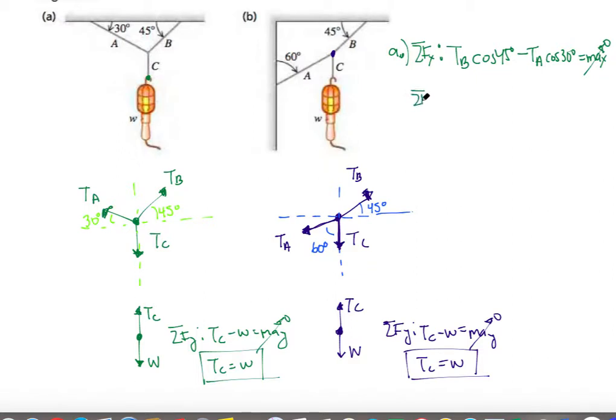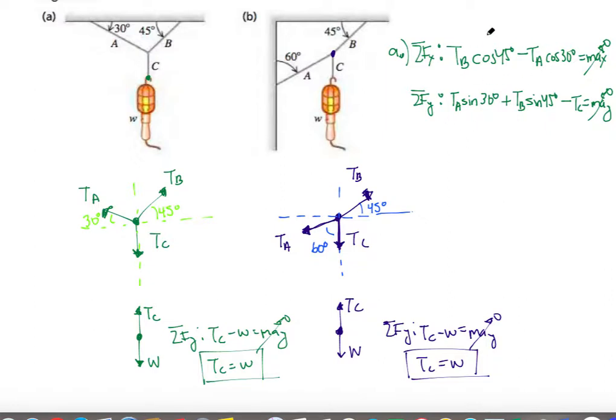In the y direction, I have tension A times the sine of 30 degrees plus tension B times the sine of 45 degrees minus tension C equals MAY, which is 0. So I have my system of equations here, and I know that tension C is equal to W. I really have no way to simplify this, unfortunately, so I actually have to do this the gross and ugly way.